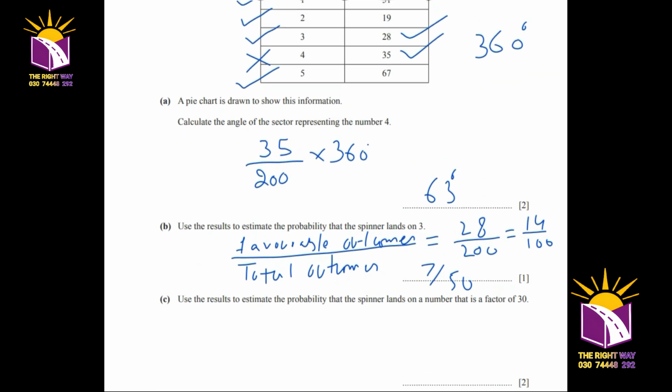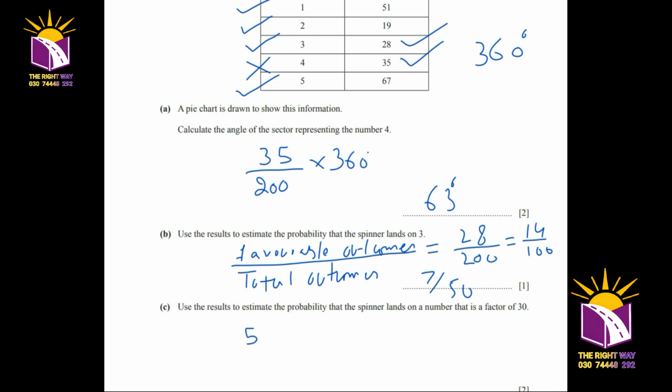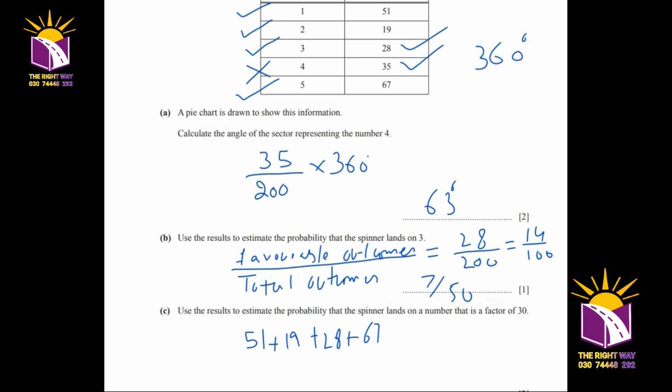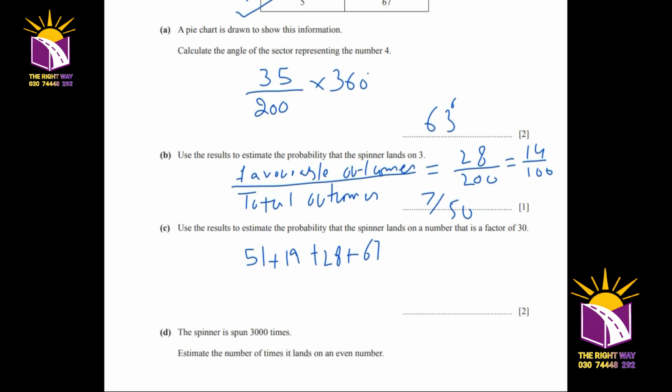So my favorable outcome will be 51 plus 19 plus 28 and plus 67, because these are all in favor of 30. These are all the factors of 30, divided by total 200.